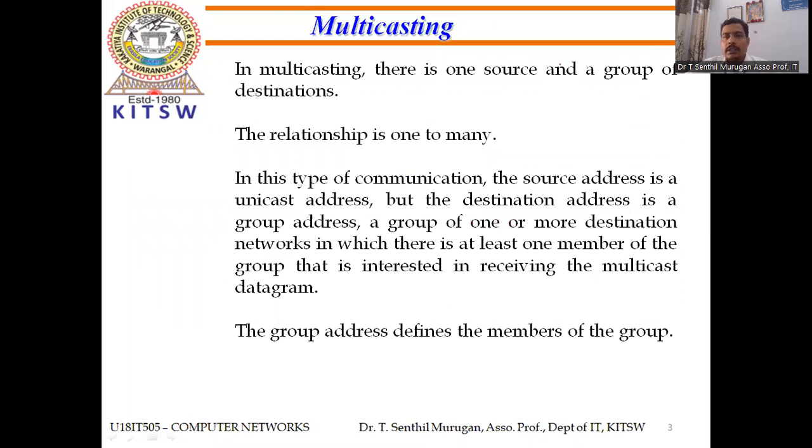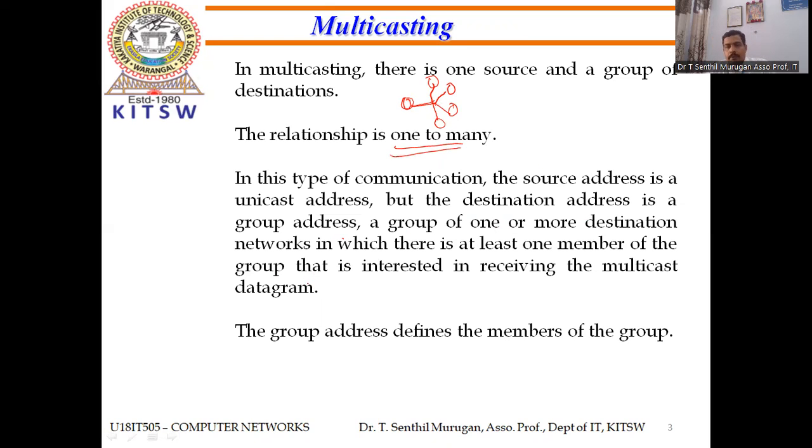So what is multicasting? Multicasting means one to many, that is group communication. As we discussed in previous lectures, it is one to many communication, like one source but many destinations. The source will send a message to all the destinations at a time. So the relationship is one to many.